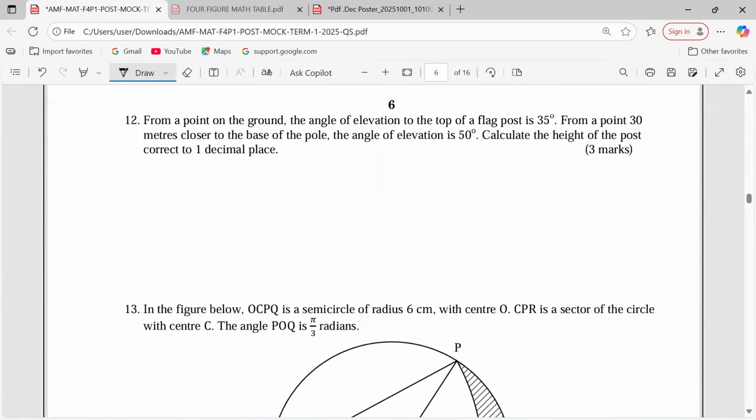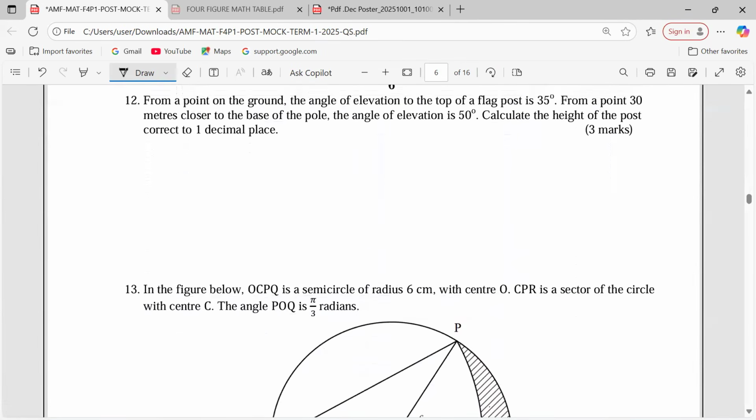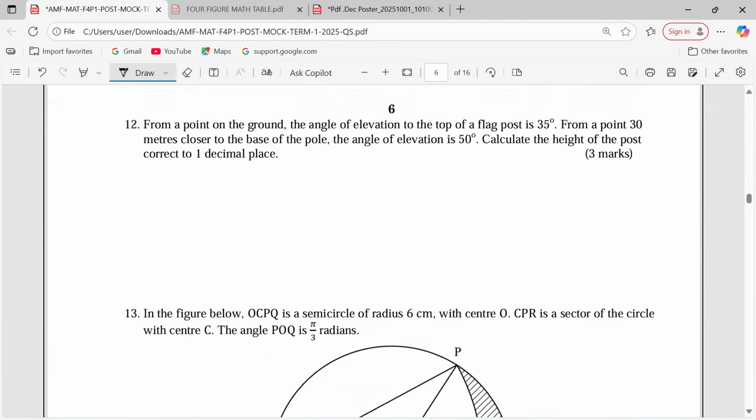A very good question. Looking at number 12 now. From a point on the ground, the angle of elevation to the top of a flag post is 35 degrees. Then from a point 30 meters closer to the base of the pole, the angle of elevation is 50. Calculate the height of the post correct to 1 decimal place.